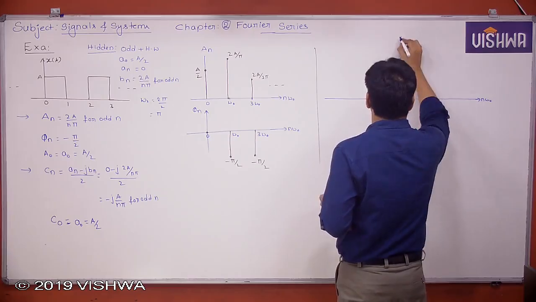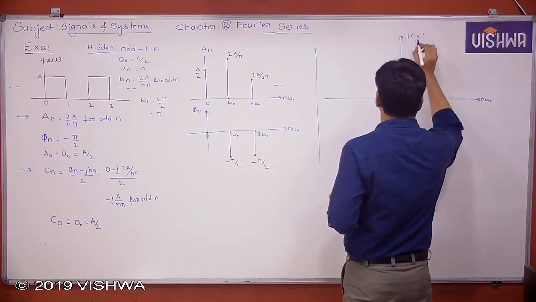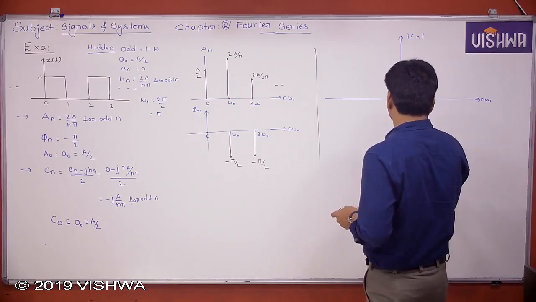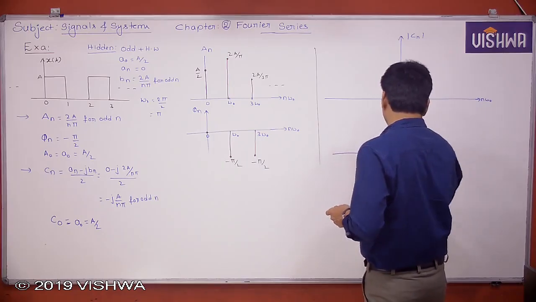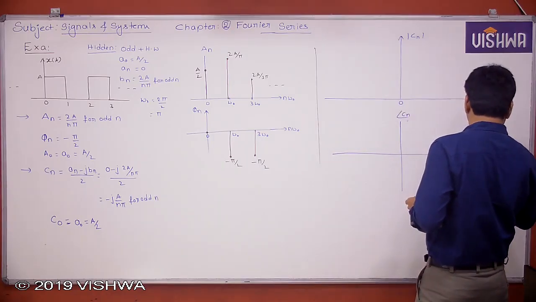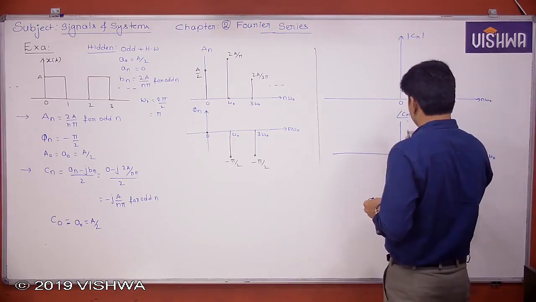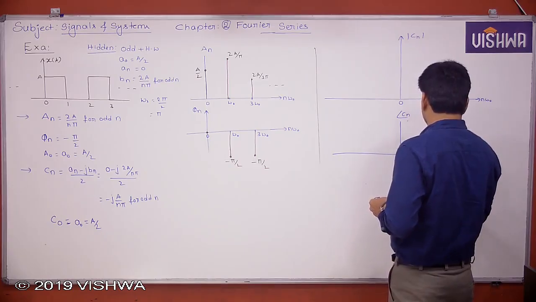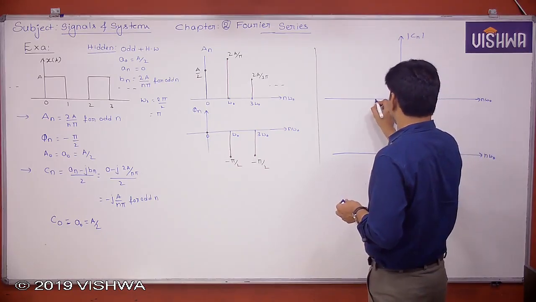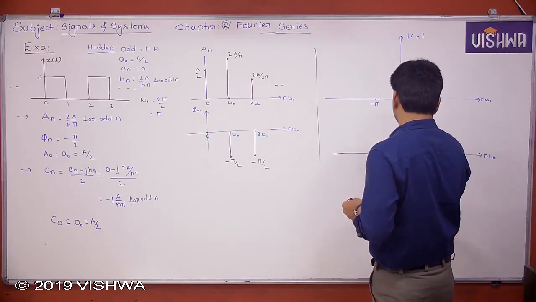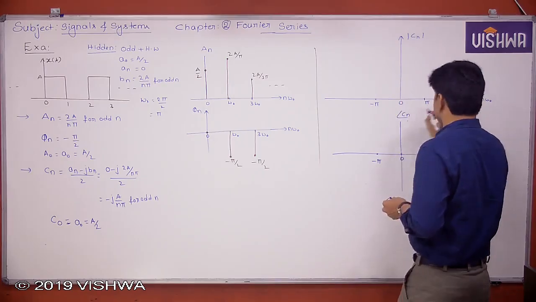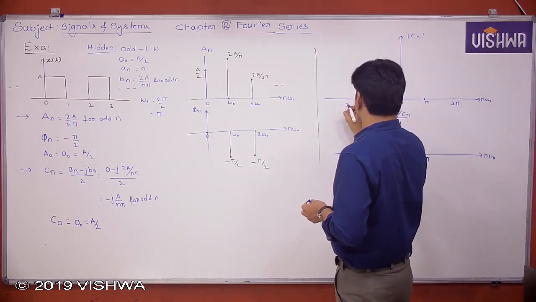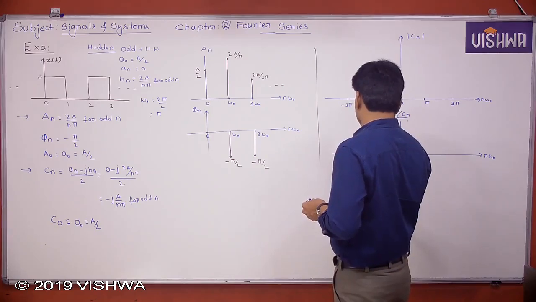So, magnitude spectrum |Cn| and phase spectrum, that is angle Cn. Let's take 0, pi, and here we are taking negative n values also, so minus pi, 3 pi, minus 3 pi, and so on.